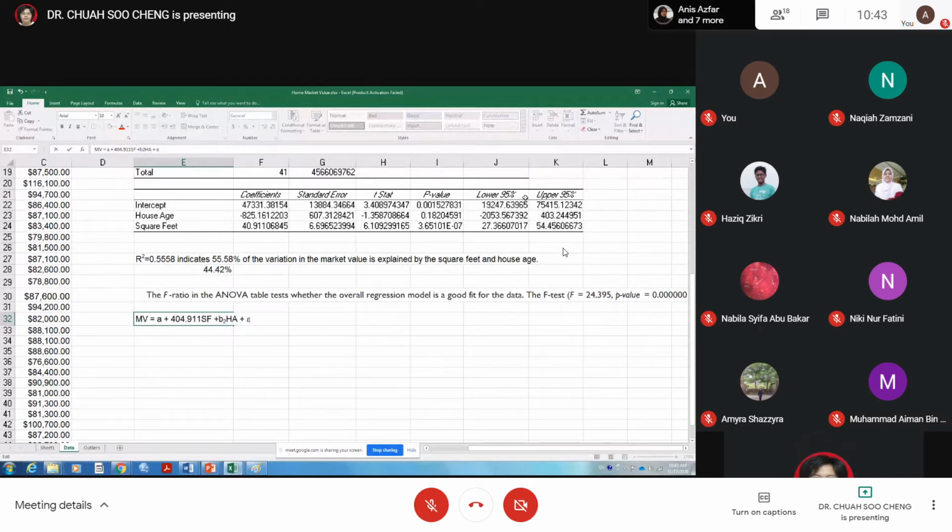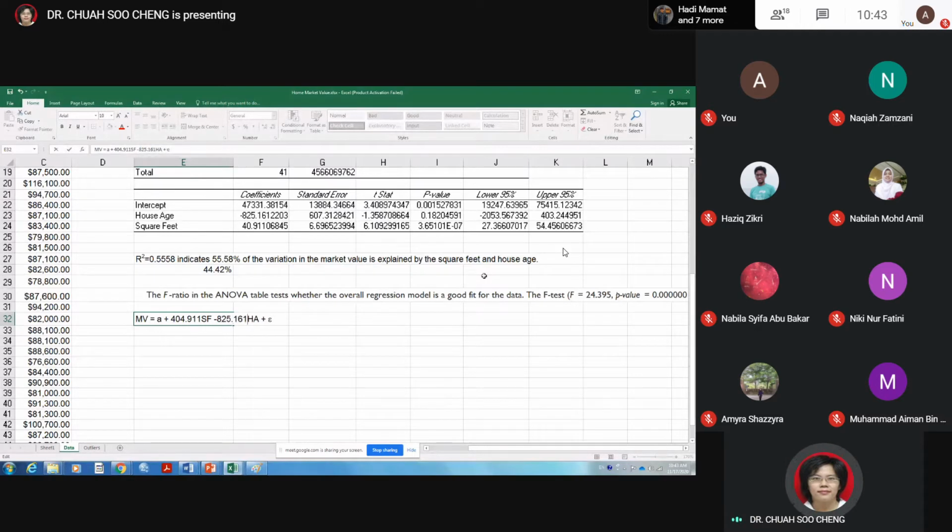For house age it is negative 825.161. We don't need to put in the error term. The intercept is 47331.382. So this is our multiple linear regression.